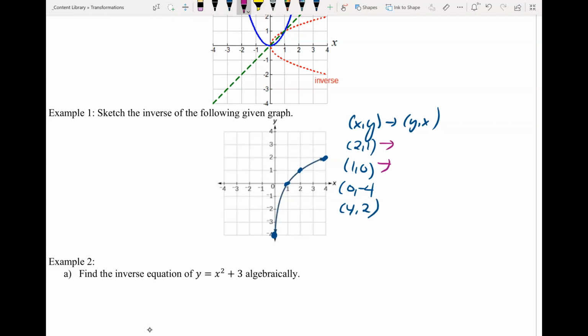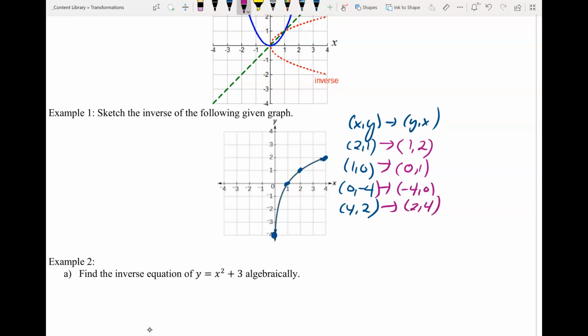Now for our new graph, we're just going to switch the x and y coordinates. So 2, 1 becomes 1, 2. 1, 0 becomes 0, 1. 0, negative 4 becomes negative 4, 0. And lastly, 4, 2 becomes 2, 4.